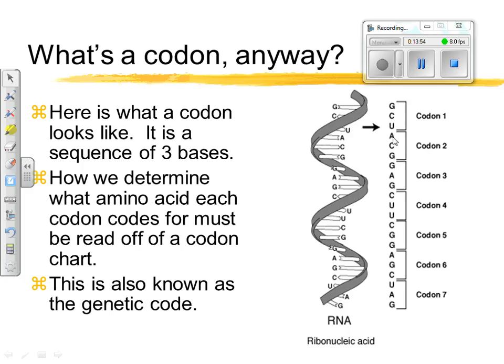So this is codon 1, codon 2. So this is actually known as the genetic code. And this is how we determine what amino acids go in what sequence. So here's the first part of that gene sequence for that protein. The first amino acid is going to have the codon GCU.